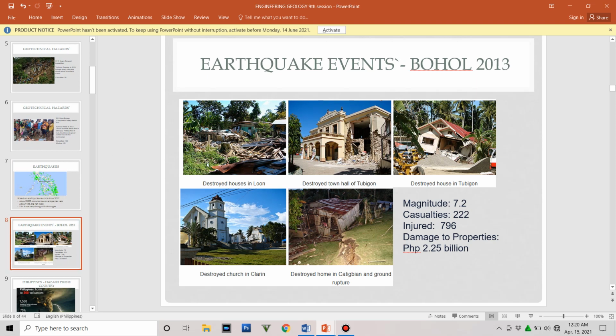You can see here in the picture, we have destroyed houses in Loon, and we also have the Town Hall of Tubigon, then the houses in Tubigon also, and a destroyed church in Clarin, and then a destroyed home in Katigbian, and ground rupture. So that event is actually a catastrophic one.